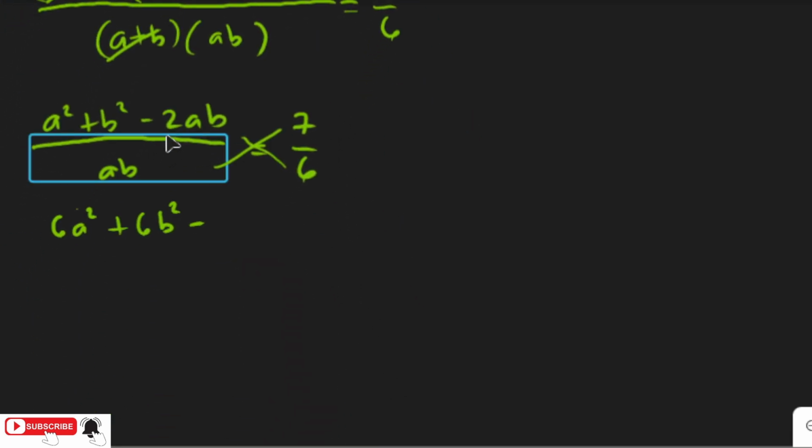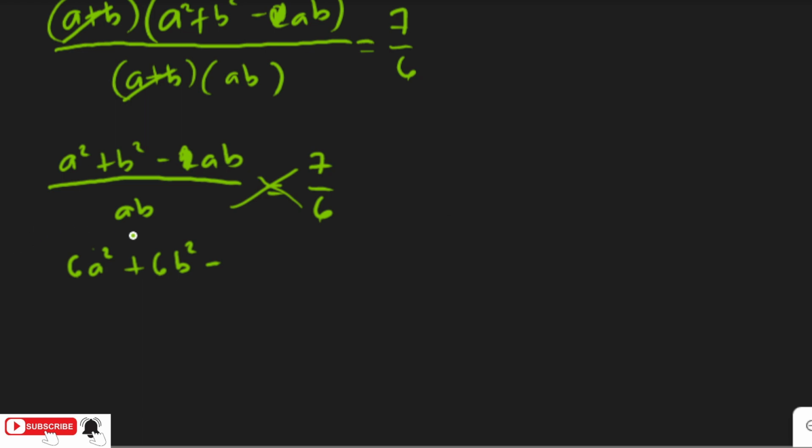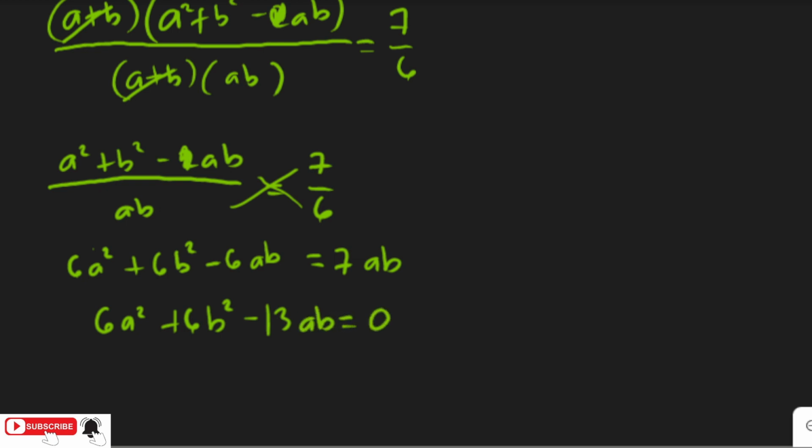So you will have here 6ab is equal to 7ab. So you cross multiply, and then we have 6a squared plus 6b squared minus 13ab is equal to 0.